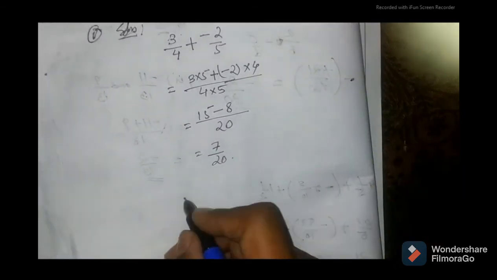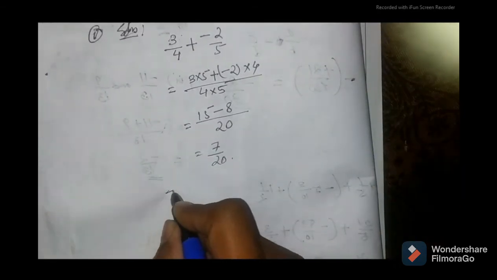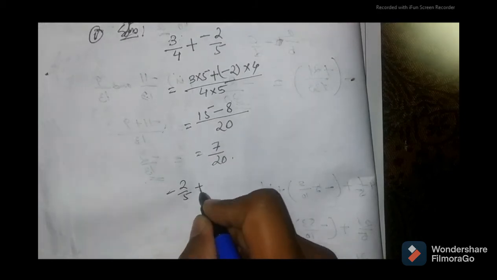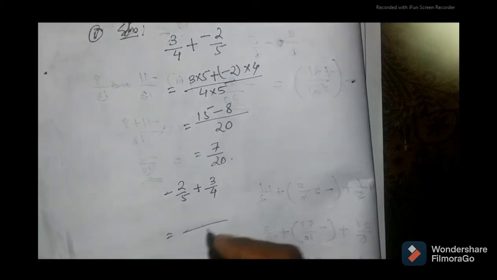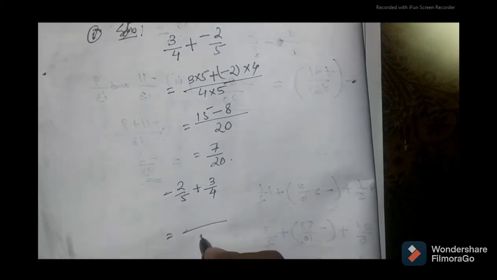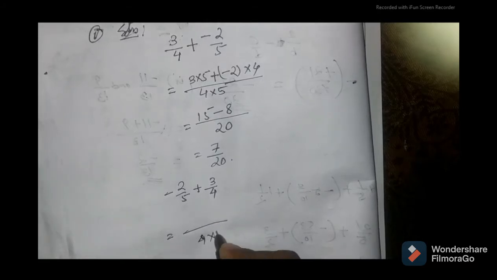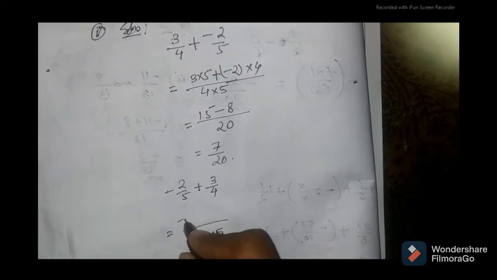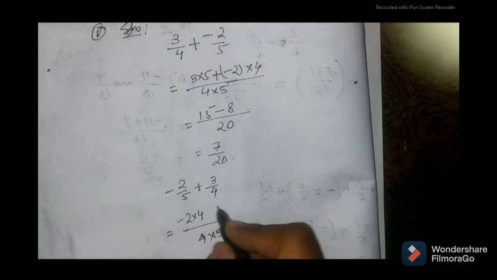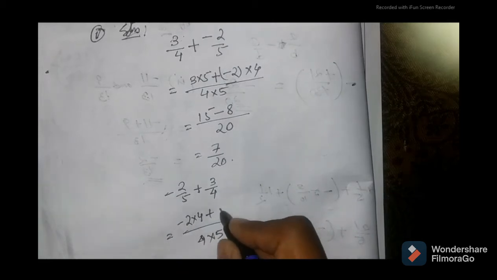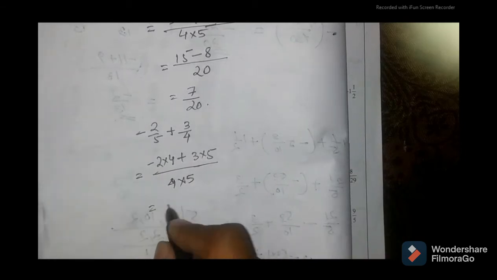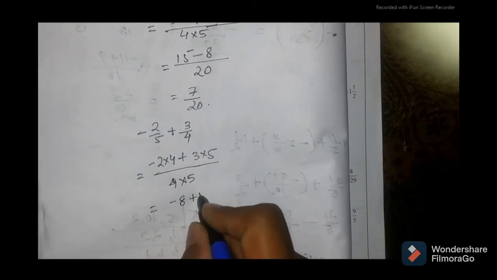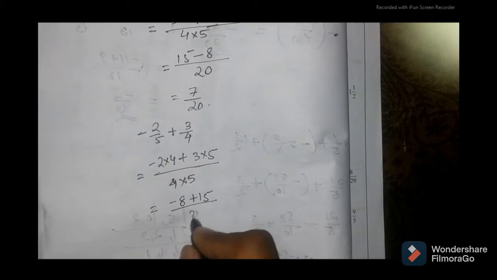Now on the other part, minus 2 by 5 plus 3 by 4. You can directly write 4 into 5, minus 2 into 4 plus 3 into 5, which is minus 8 plus 15 by 20.